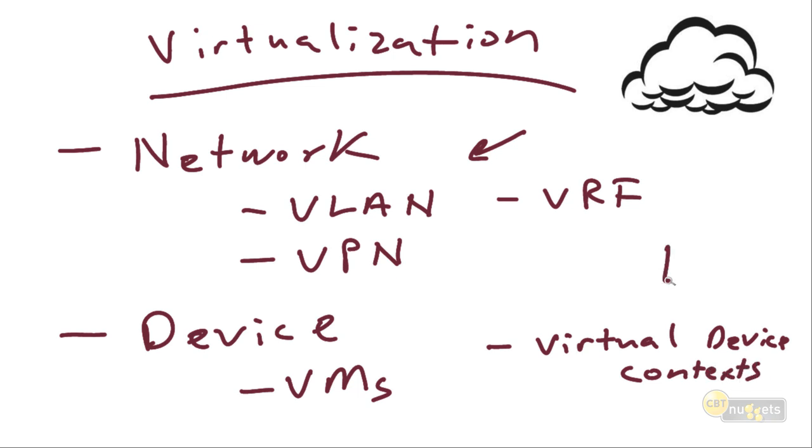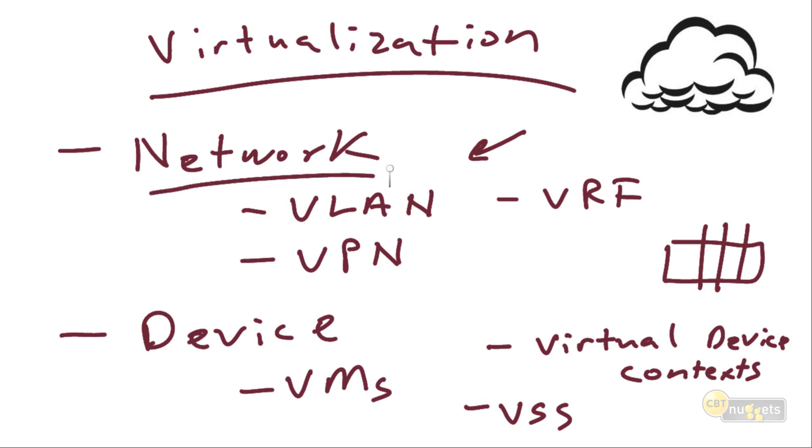They're taking one firewall from Cisco and they're partitioning it into multiple different firewalls. Or maybe they're taking switches and bundling them together in what is called the virtual switching system from Cisco. So, lots of different technologies are involved when we say virtualization right now. And these might mean network virtualization with things like VLANs, or device virtualization with things like virtual machines that are going to run over a blade architecture.